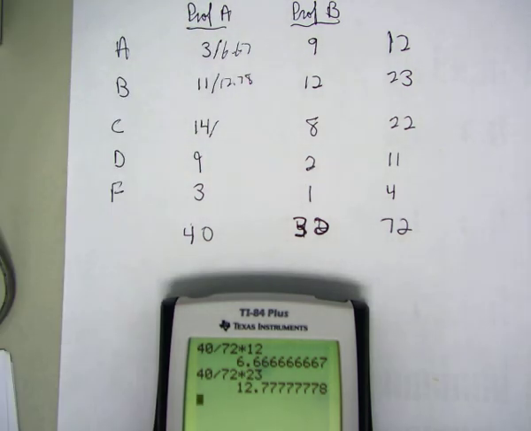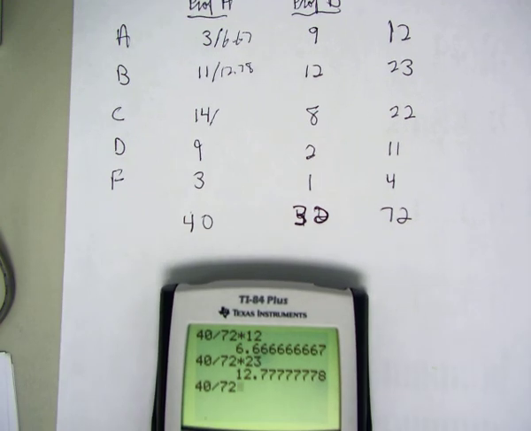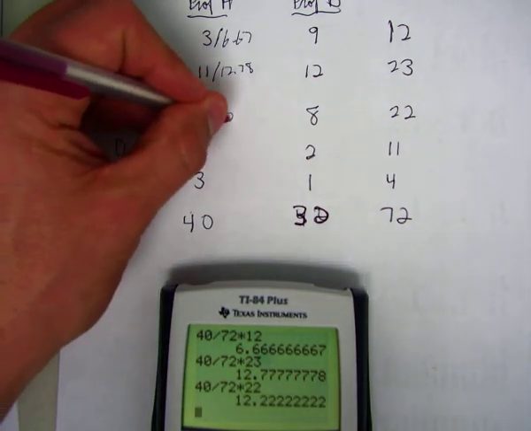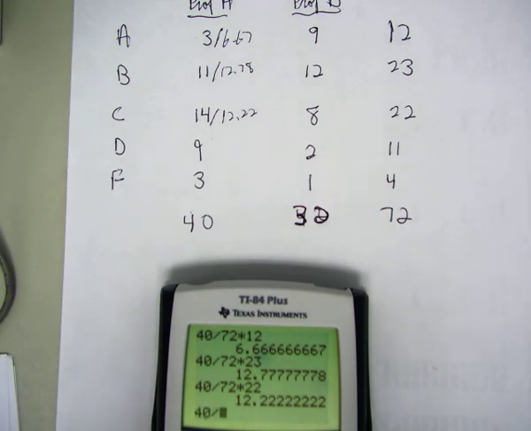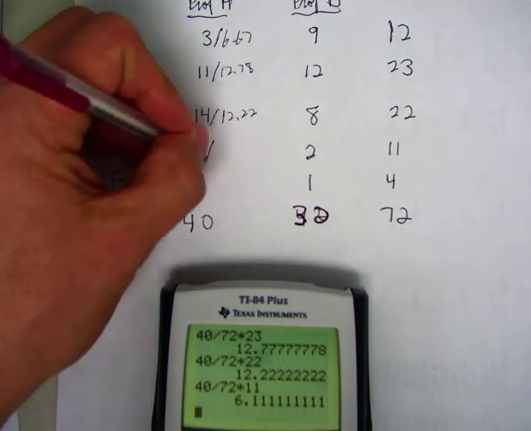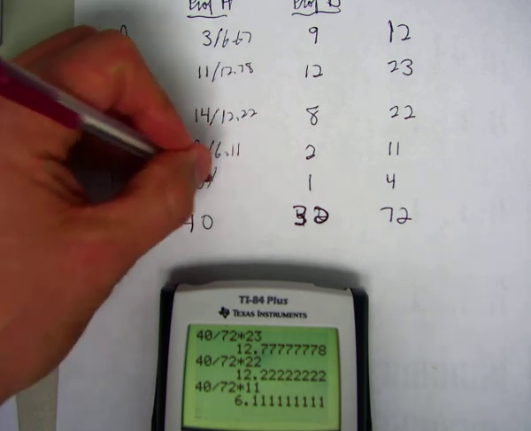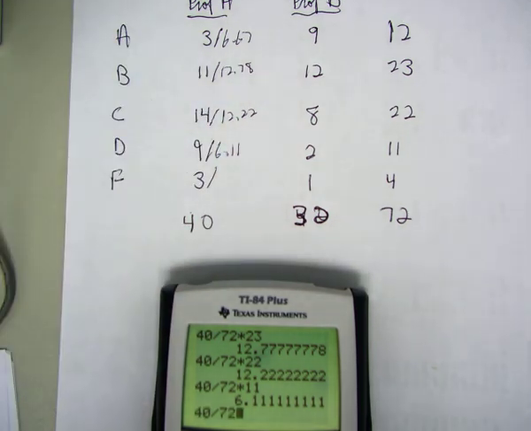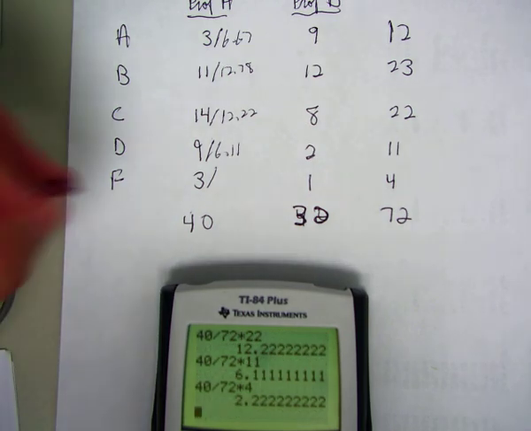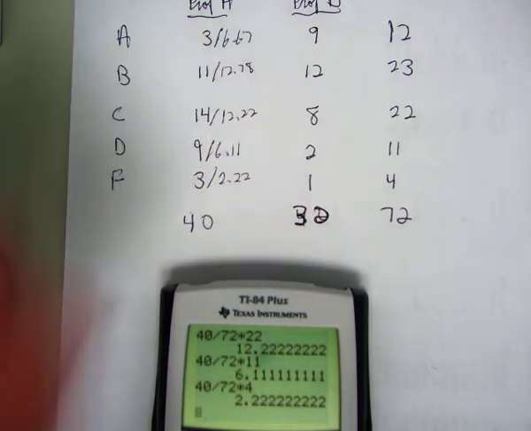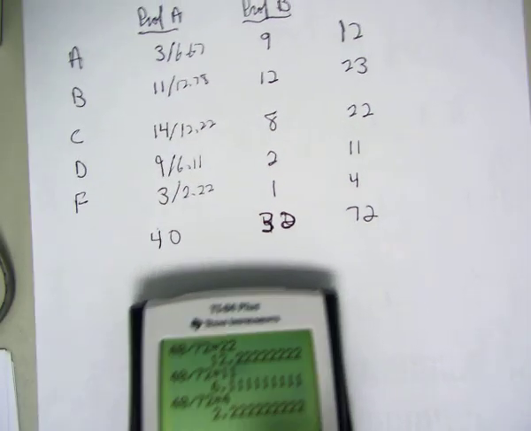And then 40 out of 72 times 22 C's, 12.22. And then 40 out of 72 times 11 D's, 6.11. And then 40 out of 72 times 4 F's, and we got 2.22. Okay, so we already have a problem.